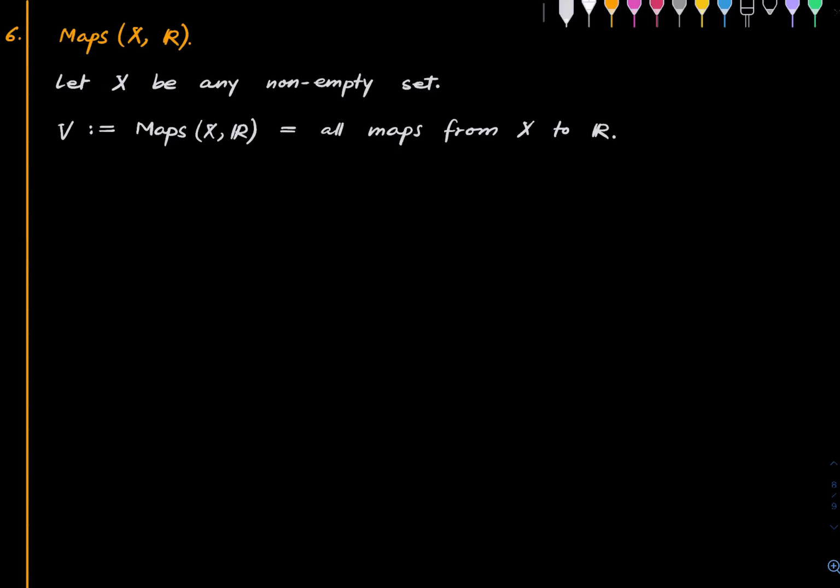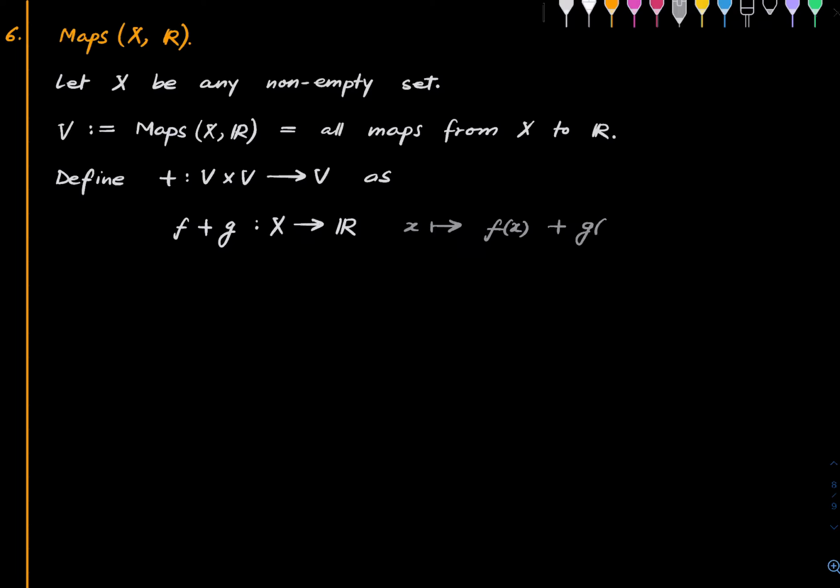And define plus from V cross V to V as follows. f plus g: f is a function from X to R and g is a function from X to R. f plus g is defined again as a function from X to R as it takes an element x and maps to the pointwise addition.